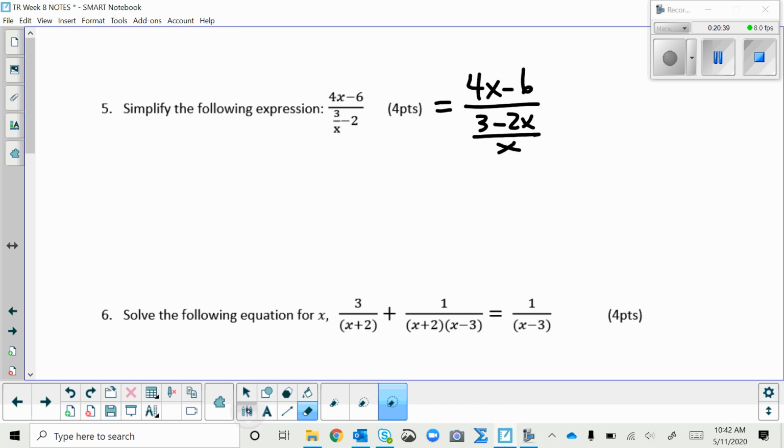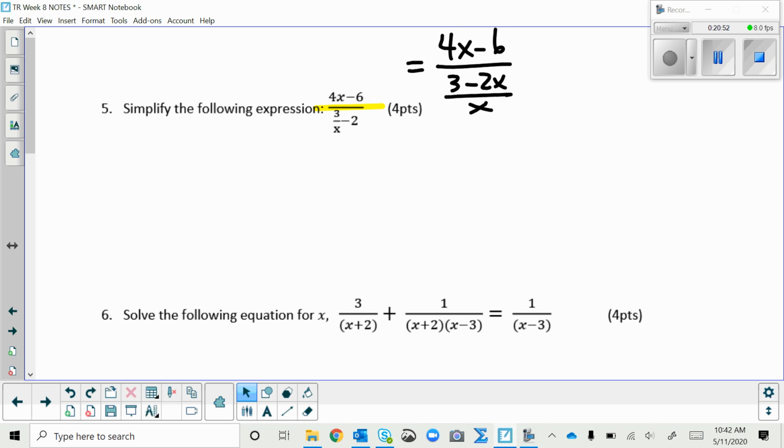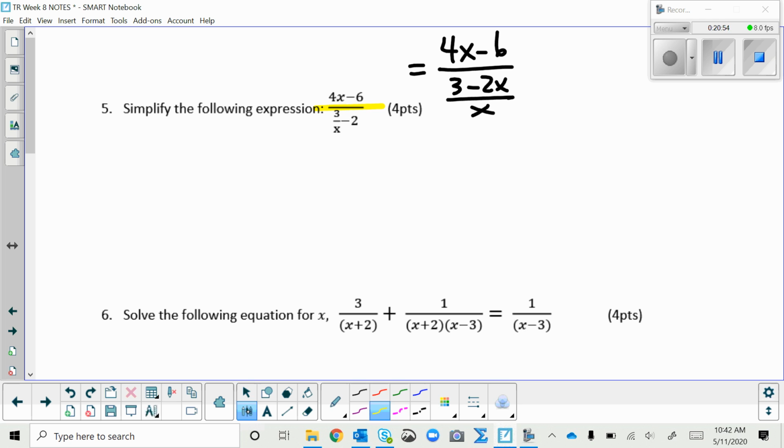All right, so like I said in the beginning, this is a keep, change, flip because we have a division bar right there. And we're going to start by rewriting this left to right instead of up and down. So I had 4x minus 6 divided by the new form of the denominator, which is a fraction.